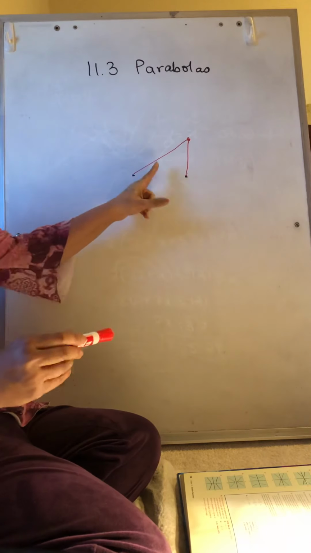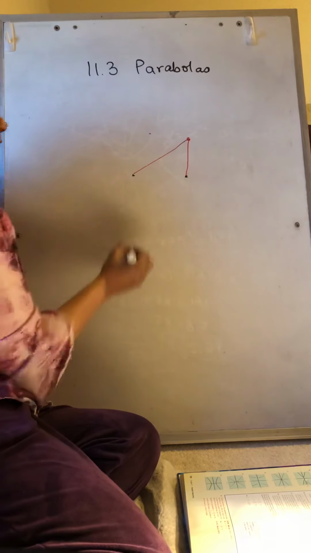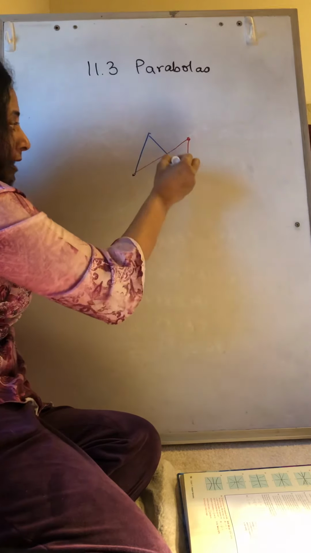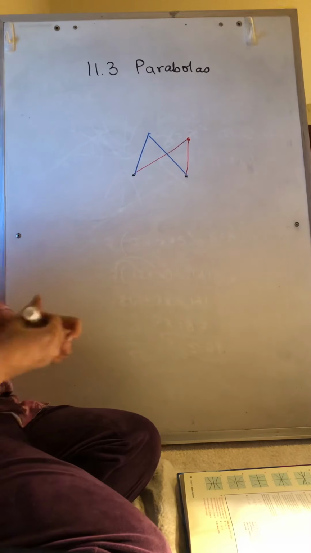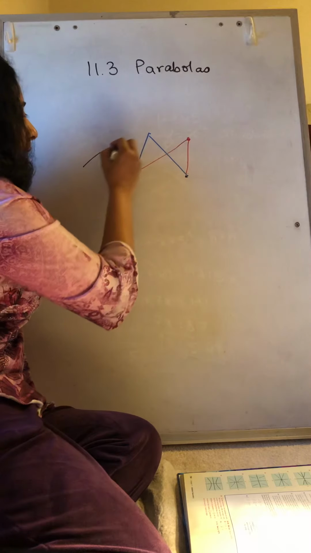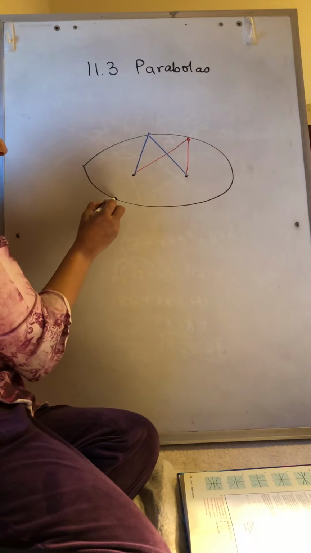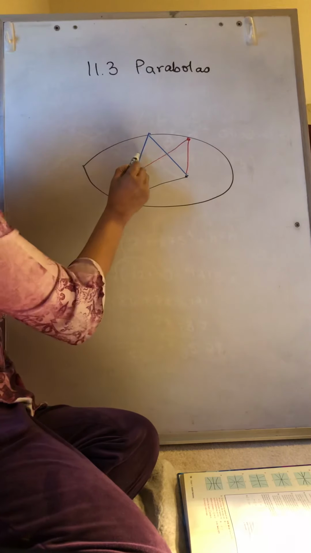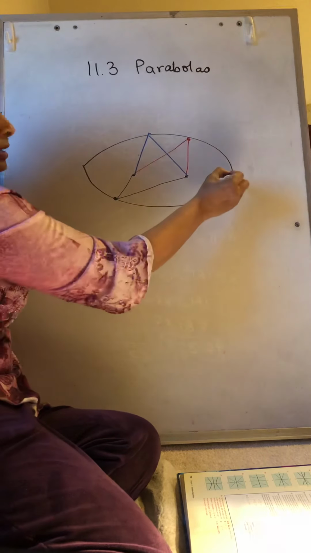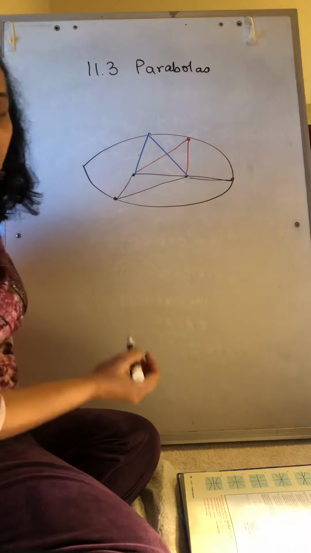So if this plus this is something, and then I take the next point, again the distance to this point and the distance to this point, the sum will be the same as the sum of this. And this forms an ellipse. If these are my 2 points, there will be an ellipse like this around it.